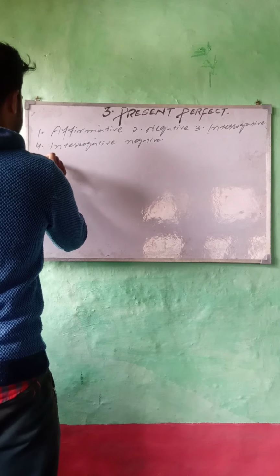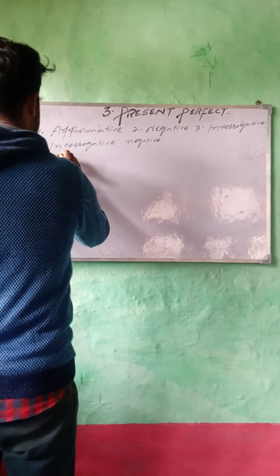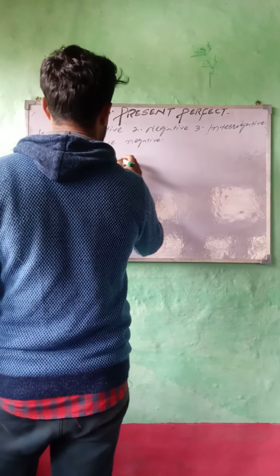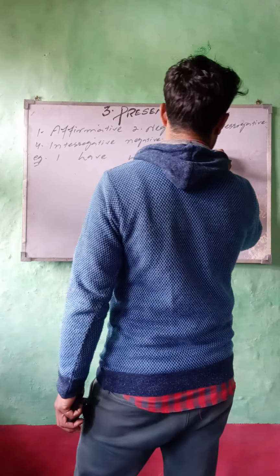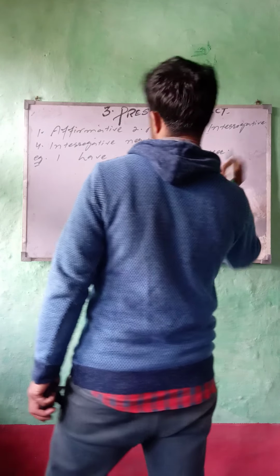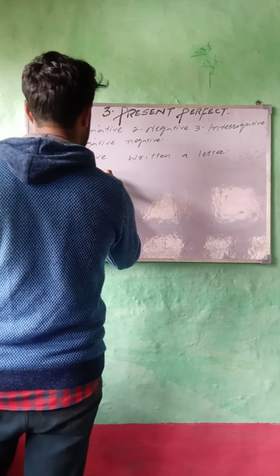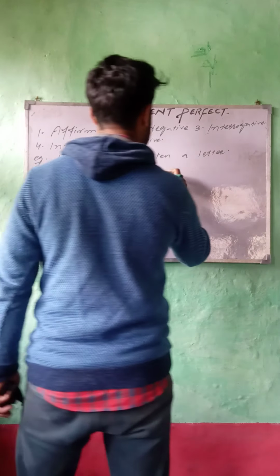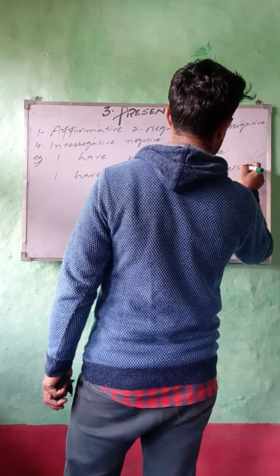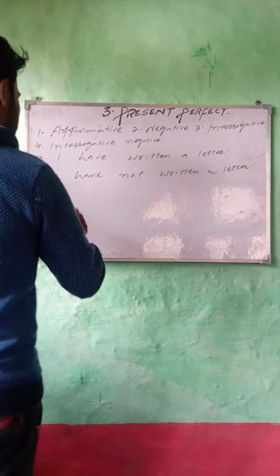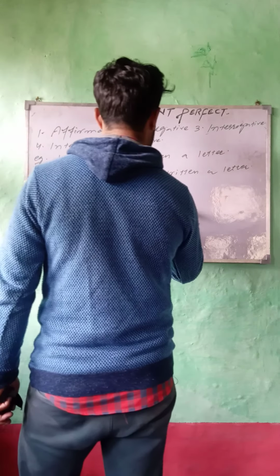Affirmative, for example, we take a sentence: I have written a letter. Negative: I have not written a letter. Interrogative: have I written a letter?